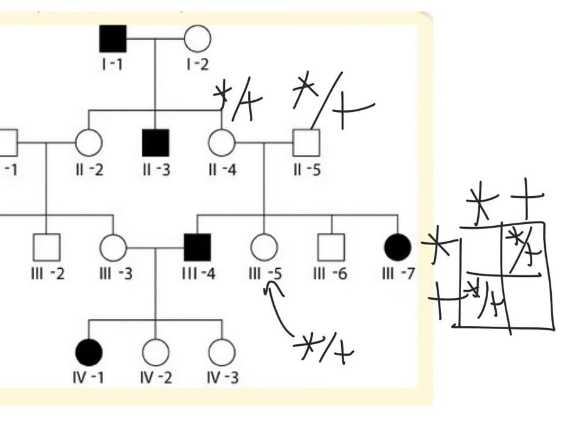There's still a trick to this question, though. What additional piece of information do we have about this individual that can help us rule out possible genotypes? Indeed. Individual 3-5 does not have the disease, so which genotype does this individual definitely not have? Definitely not homozygous recessive.